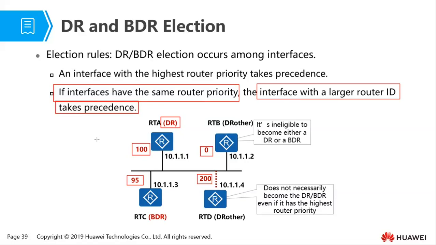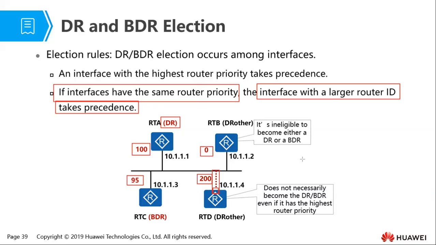Anyone? It does not participate in the election. Now, even though this has a high router priority, as you can see here, we have a dotted line, meaning that on this interface maybe we've specified a different network type, for example, point-to-point.